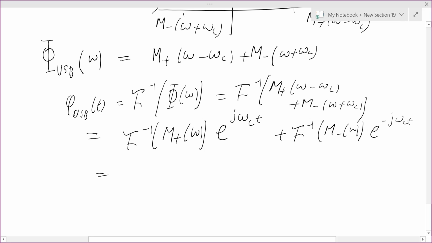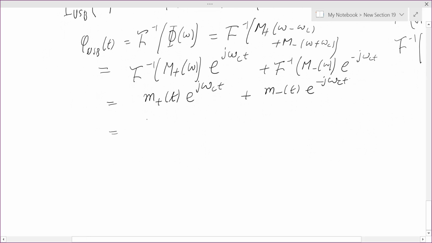Now what is the Fourier inverse of M plus of omega? That will be M plus of t, right, e to the power j omega ct plus M minus of t e to the power minus j omega ct, correct?